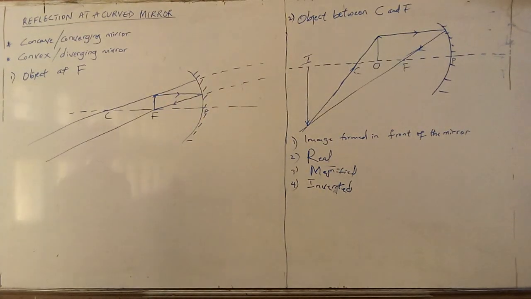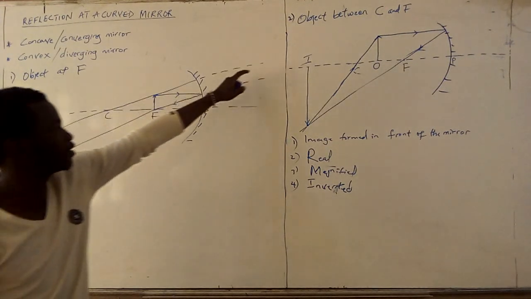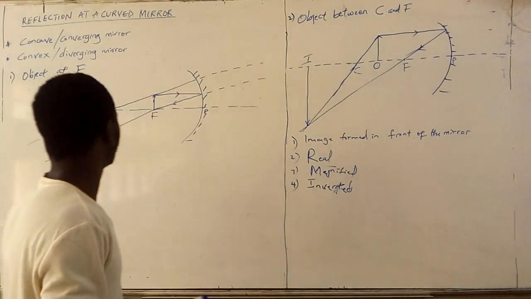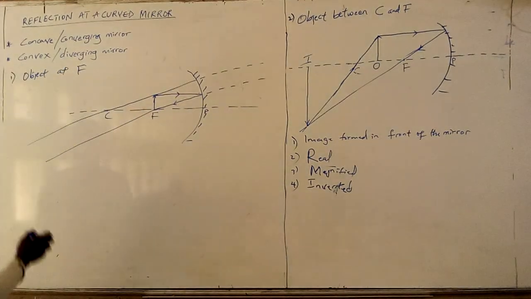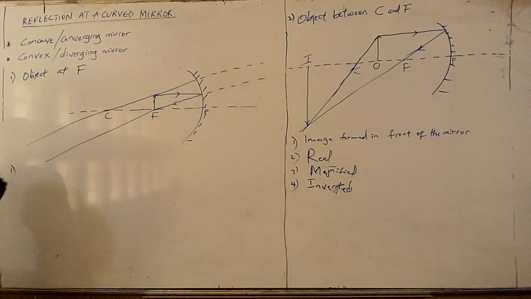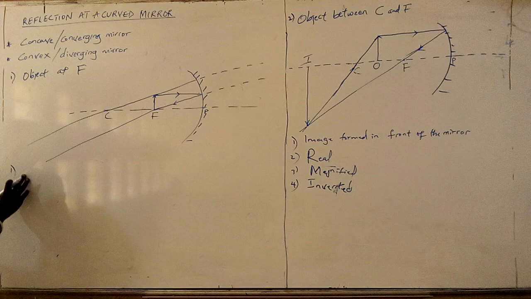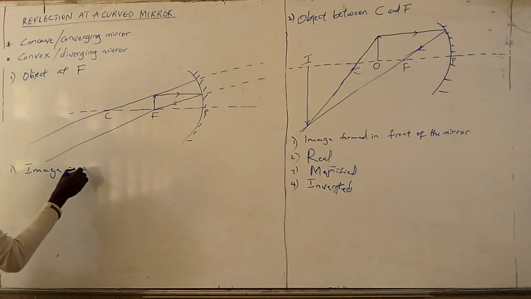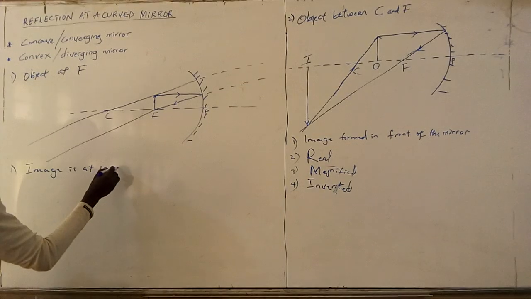Now, as you can see, these two lines can never meet, either from this side or this side. They will never meet, so they are parallel lines. So what we say here is that one, the image is formed at infinity. So image is at infinity.